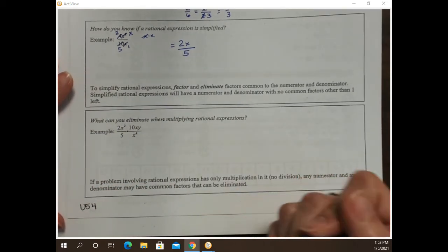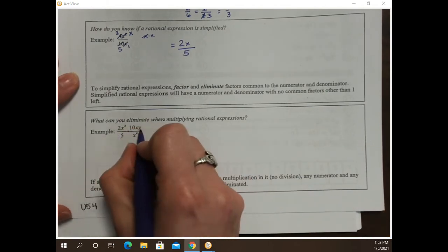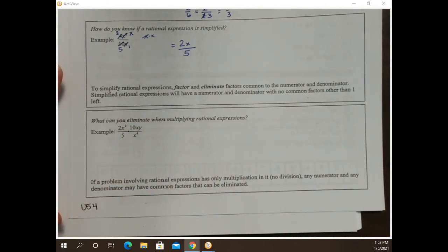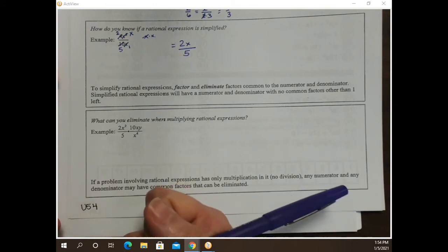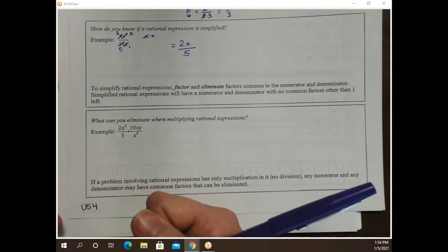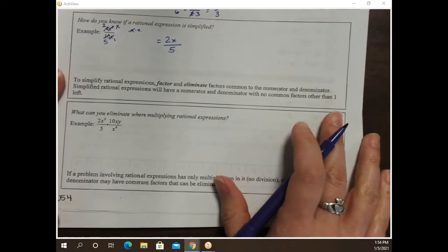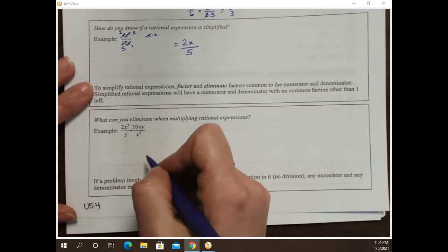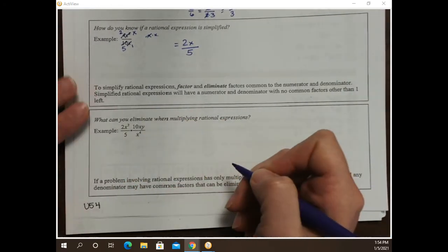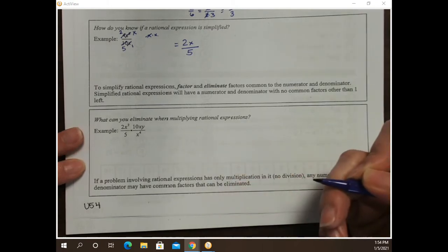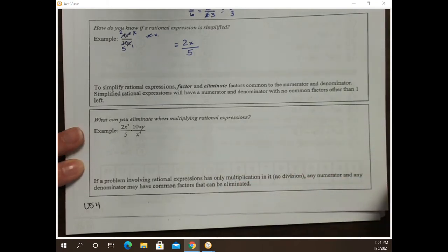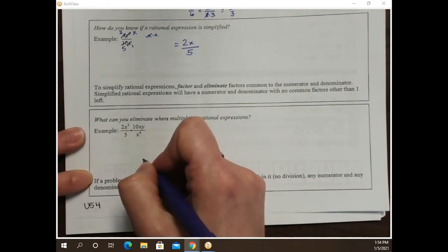I do the same thing for rational expressions. We also want to reduce as much as we can. I'm going to encourage you to reduce at the beginning of your problem, just to make your end work a little bit simpler. Sometimes it's hard to see all the things to reduce, particularly in larger problems, if I don't reduce at the beginning.